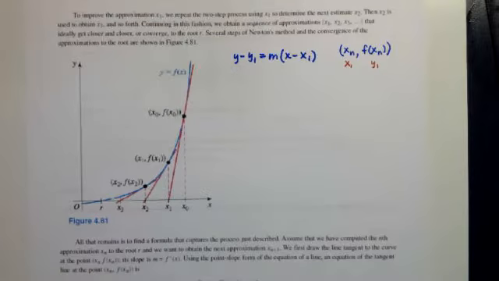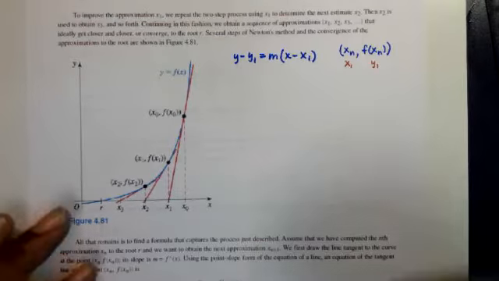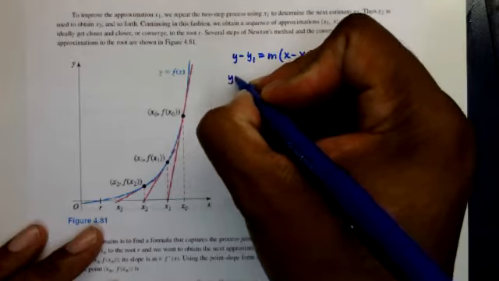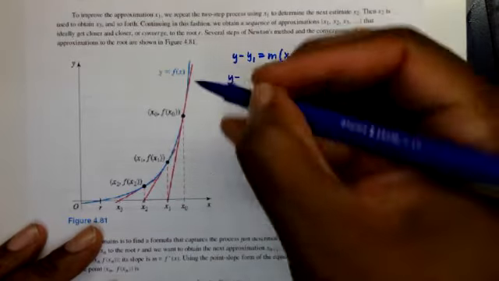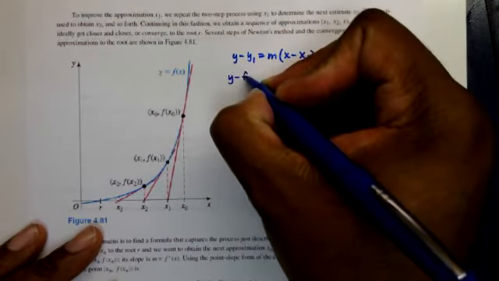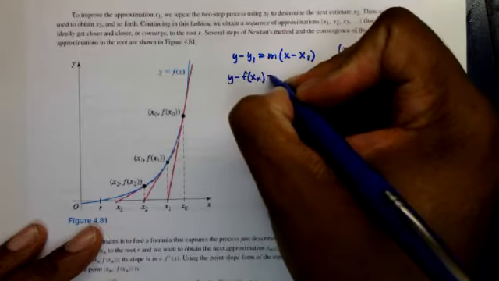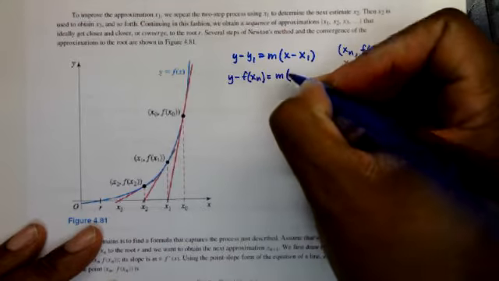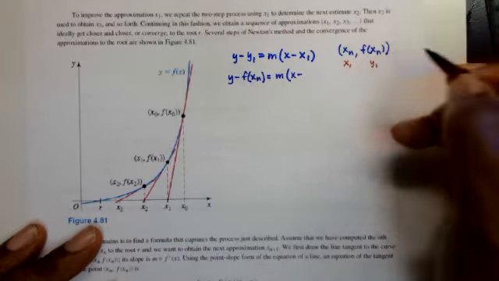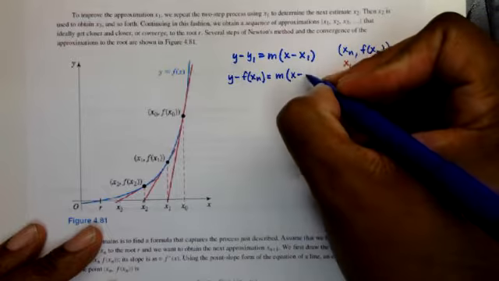So now, substituting in the point-slope form, y minus y1, in this case, is f of x of n, that's equal to m times the quantity x minus x1, which is x of n.